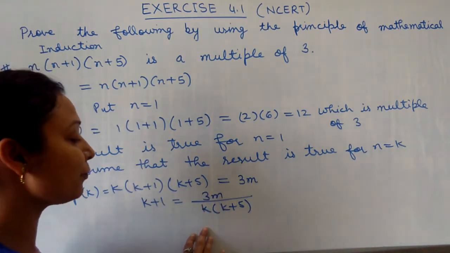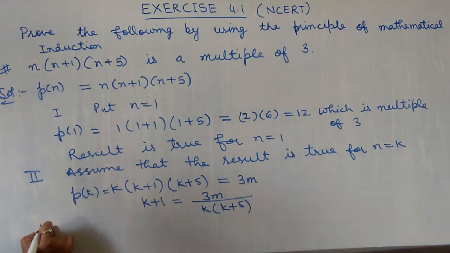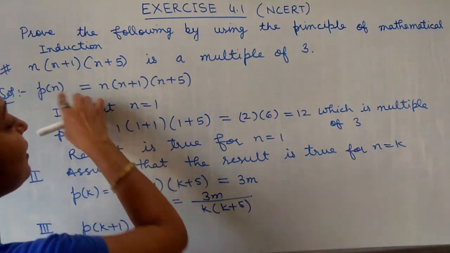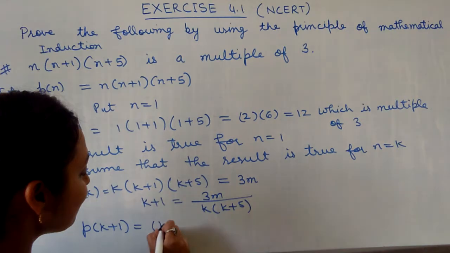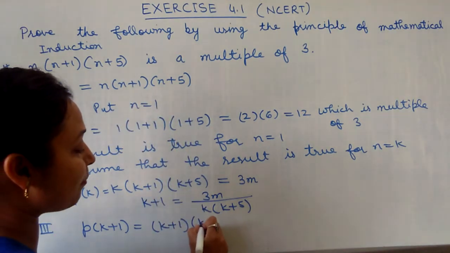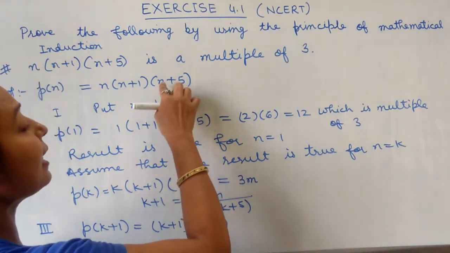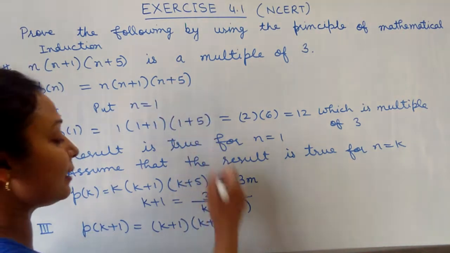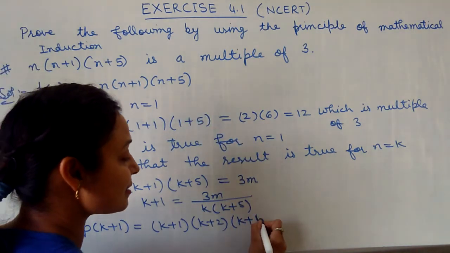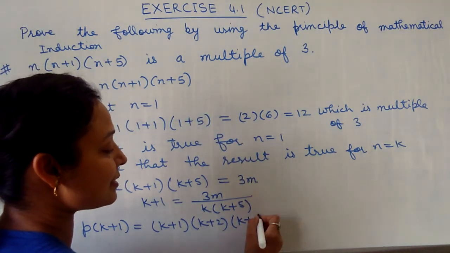Where I have to use it: in the third step, for proving the result for Pk plus 1, when you substitute k plus 1 here, we have k plus 1. Here k plus 1 plus 1 is k plus 2. And here when you put k plus 1, it becomes k plus 1 plus 5, that is k plus 6. So I will write directly k plus 6.